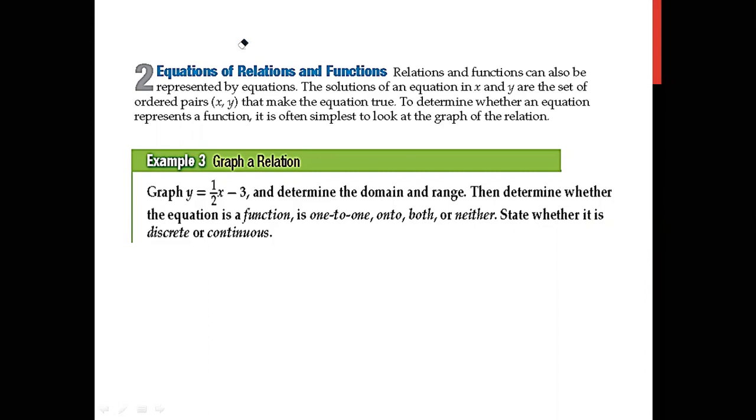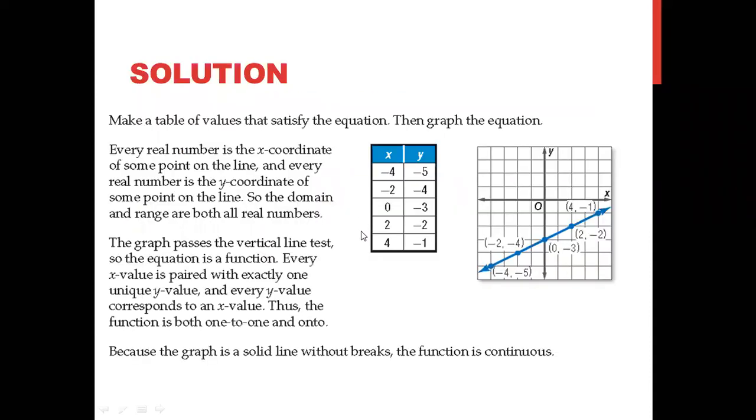Let's start. How can I graph the function? Step number 1, I will construct a table. The table consists of x and y. We'll choose some numbers for the values of x. I choose -4, -2, 0, 2, 4.